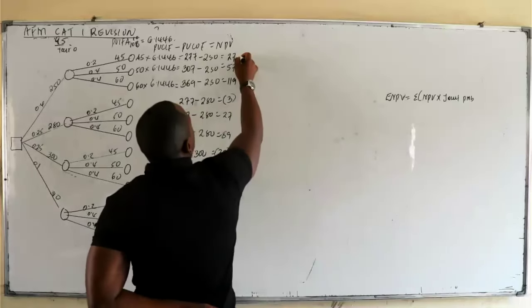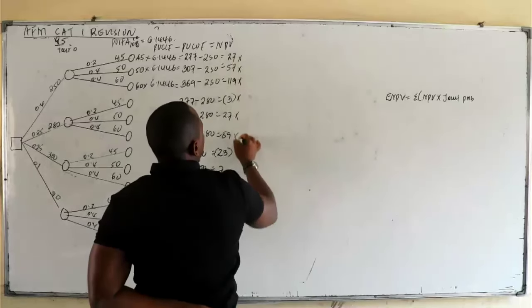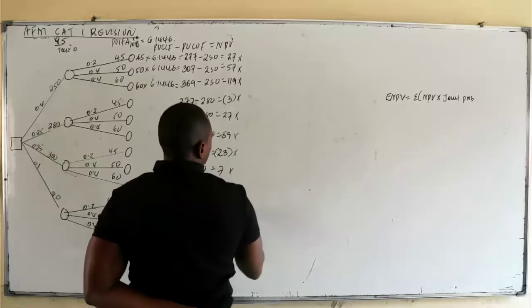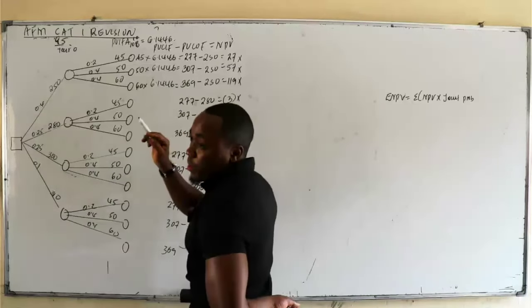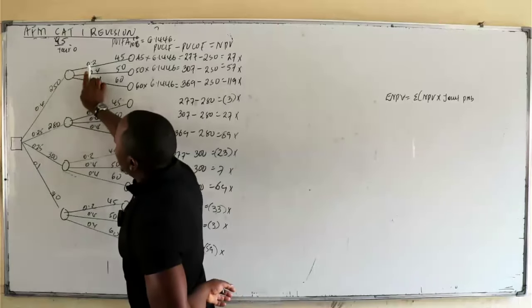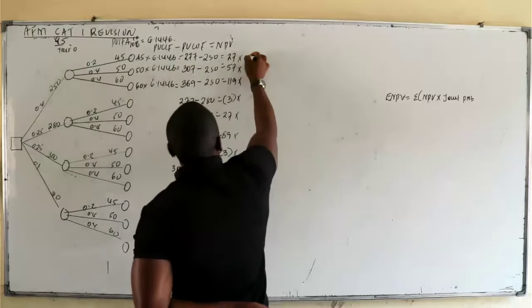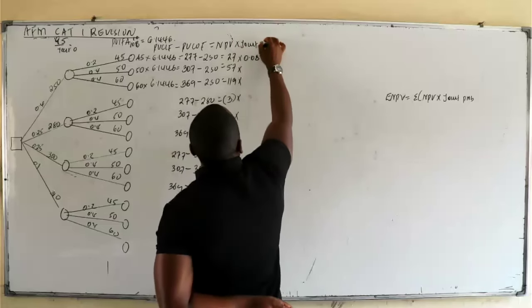So we multiply by the probability. What's our joint probability? The first one, you take 0.4 times 0. You get 0.0. So here you multiply by the joint probability.